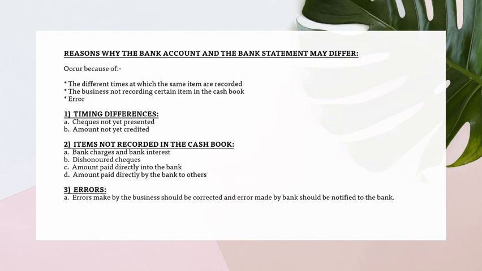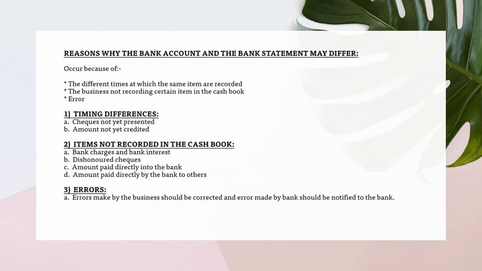So the bank needs 3 to 4 days to check whether this check is valid or not. Then only they will transfer the money into your account. So in this situation, it might not show in your bank statement for this month yet, and only appear next month. But in your cash book, you already recorded it as money received.